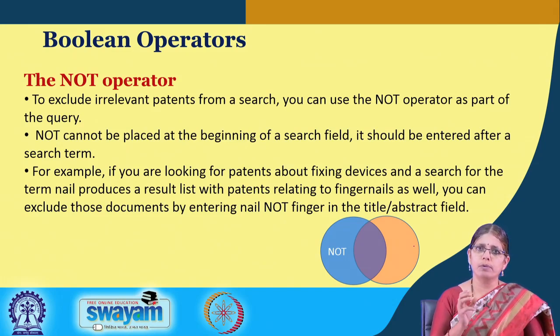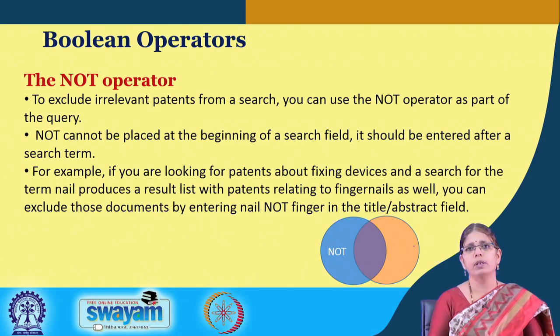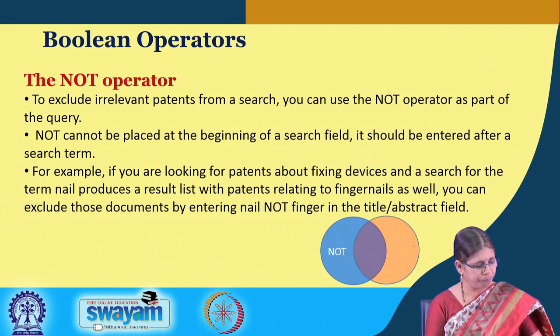If you want to exclude fingernails and they should not be part of your set, you should use the option of not fingernails, which means you are getting only the fixing devices which are specific in relation to the term nail. So fingernails are not relevant as fixing devices. Therefore, using the not operator, you can exclude or filter out those sets of patents in a given field or category, which could be a title or an abstract.